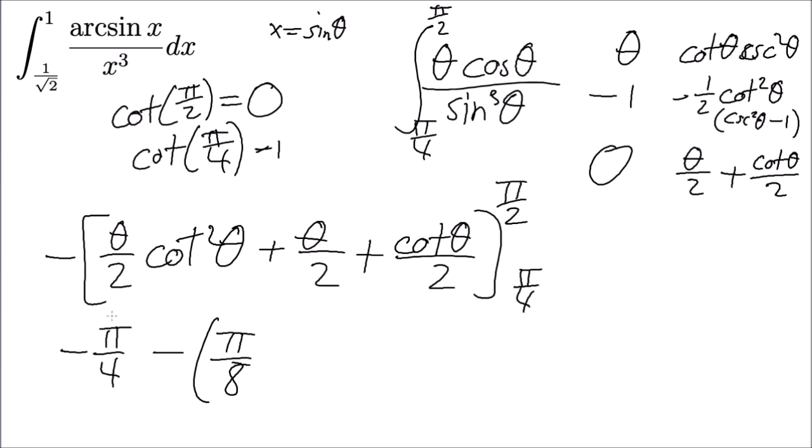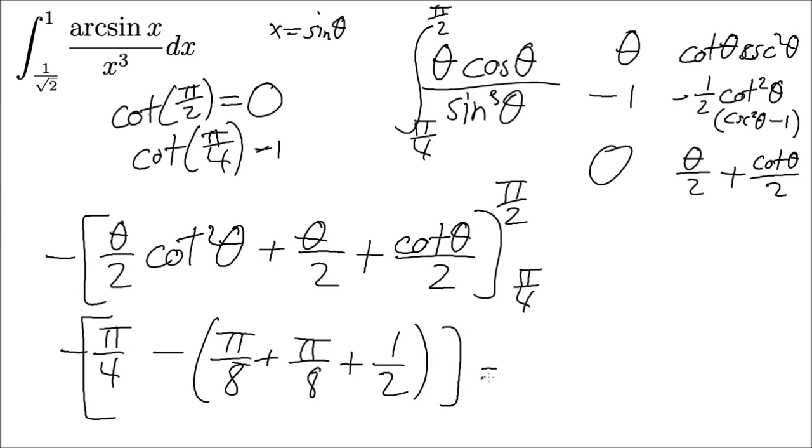I should probably go like this because I feel like I'm going to mess up. Alright, so pi over 4 minus pi over 8, plug in pi over 4 here, I get pi over 8 as well. And then 1/2. And then this is also pi over 4, these two become pi over 4. This cancels out. So I get negative 1/2?